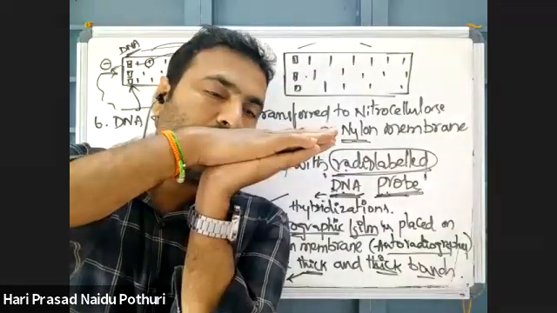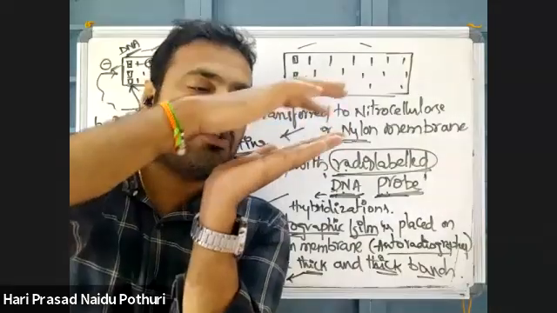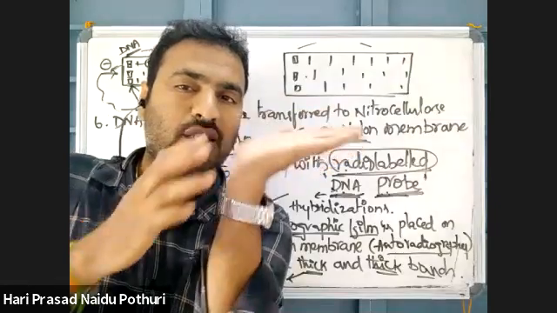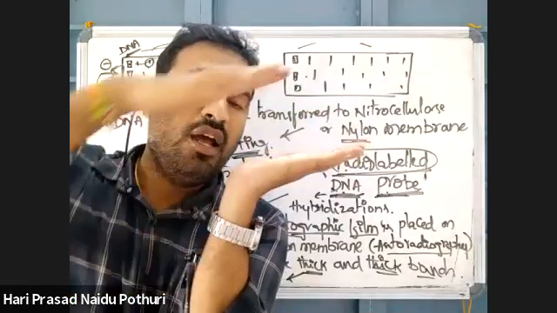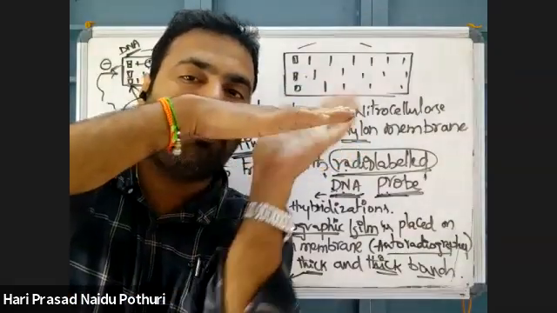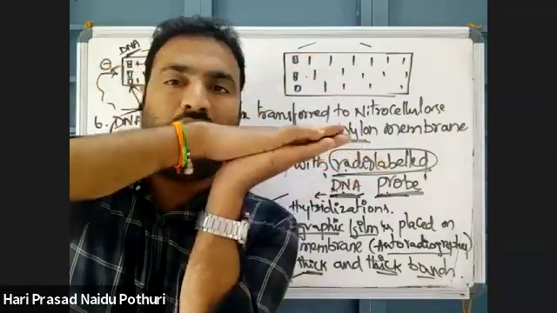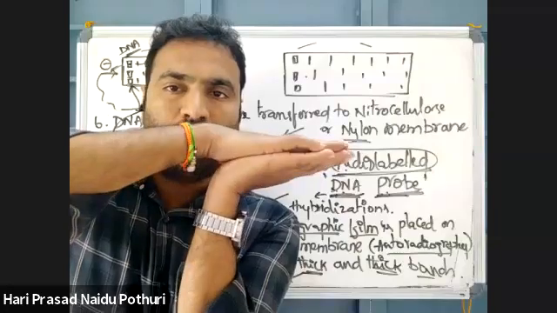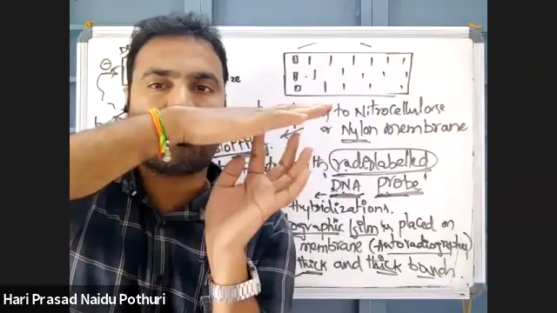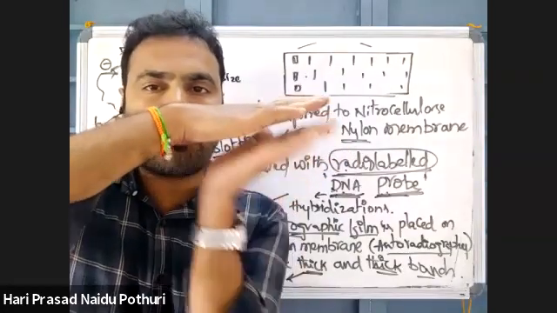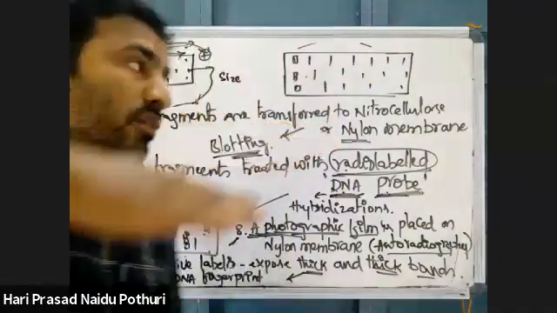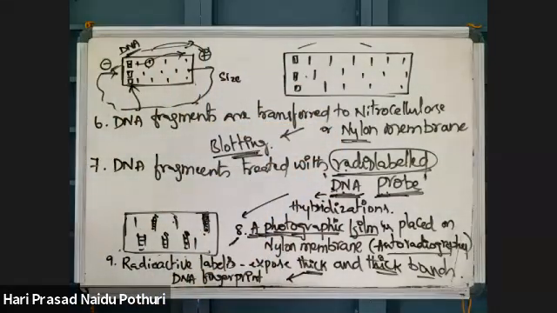Due to capillary action, the DNA fragments present on the agarose gel plate are transferred to the nylon membrane. As the DNA fragments are transferred to this nylon membrane, we can use it for the rest of the process.